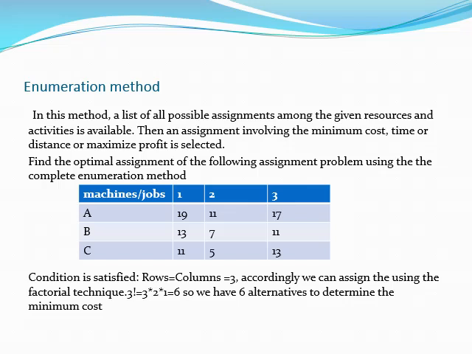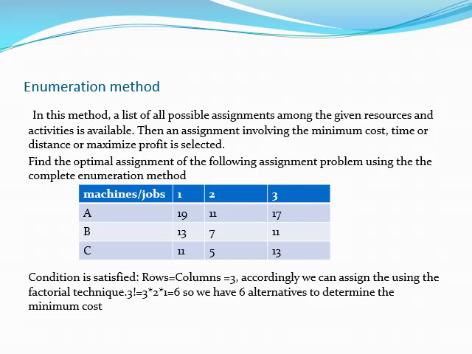Now we are going to draw a special table which consists of 6 rows. Each 2 rows belong to one machine. Now, assume that the number of machines is 4. Then the alternatives should be 4 times 3 times 2 times 1, then we will get 24 alternatives.